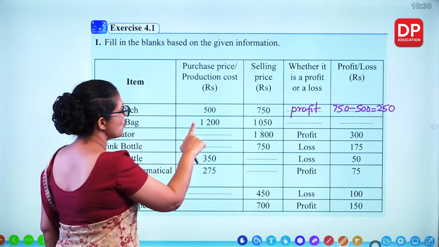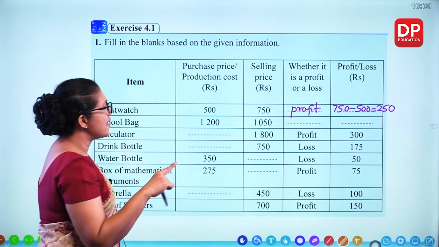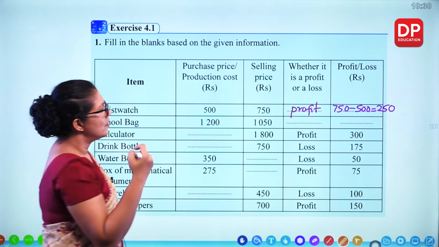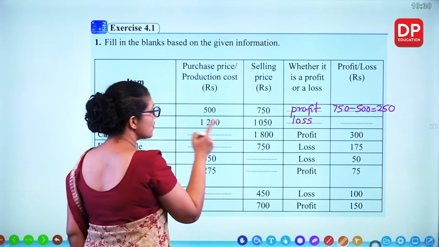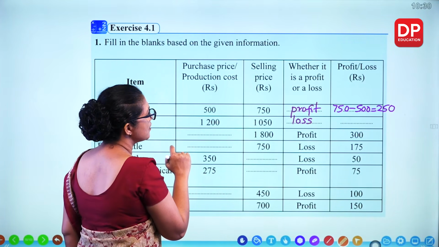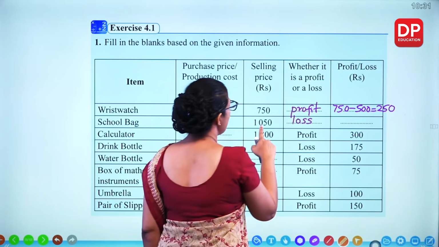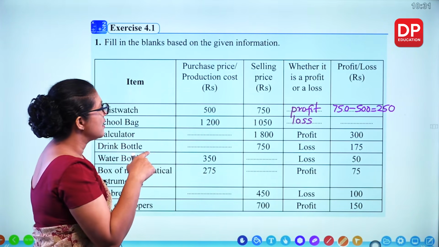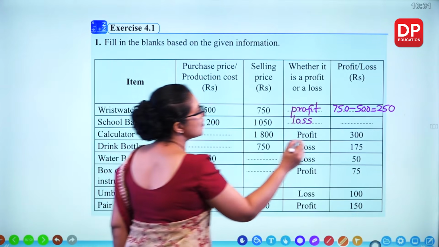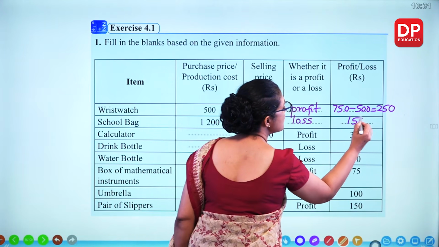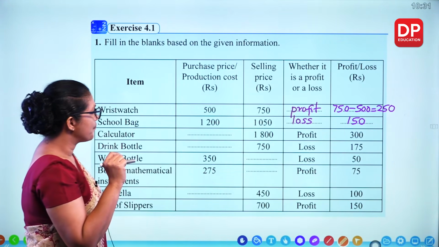This one 1200, and the selling price is less now, 1050. That's a loss. So what's the subtraction? 1200 minus 1050. So 200 minus 50, 150. So you get 150 loss.